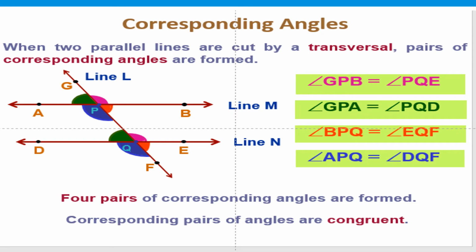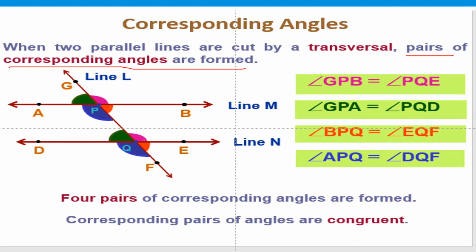Corresponding angles again. When two parallel lines are cut by a transversal, pairs of corresponding angles are formed. So we have four pairs of corresponding angles, of course.